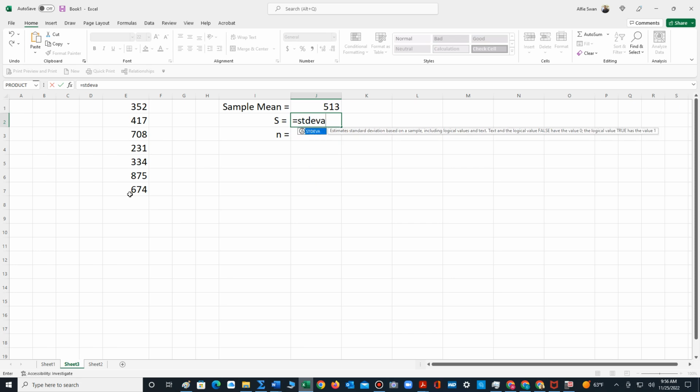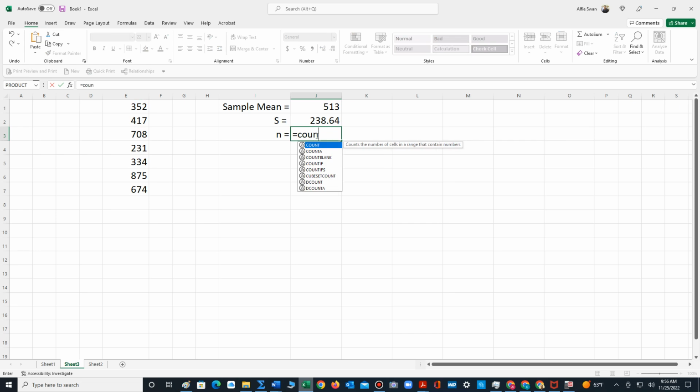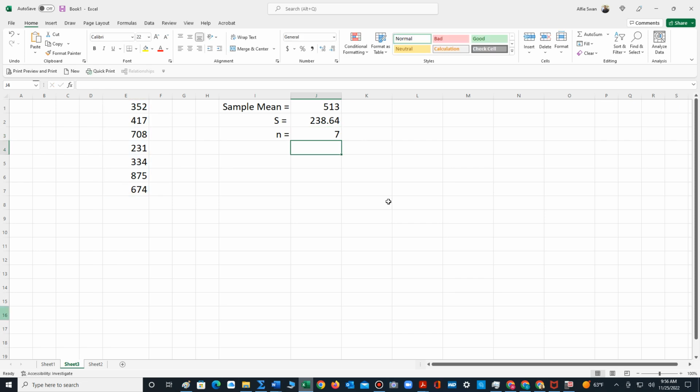That's an abbreviation of standard deviation. Select the values. And I'll go ahead and round to 2 decimal places. 238.64. Now to determine n, you just type in count. I mean, obviously we can just count it ourselves, but Excel does have a count function, and that's going to be 7.